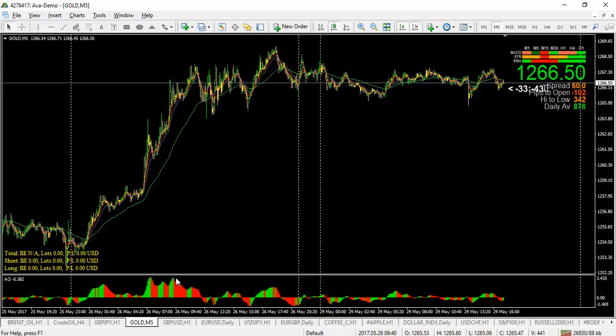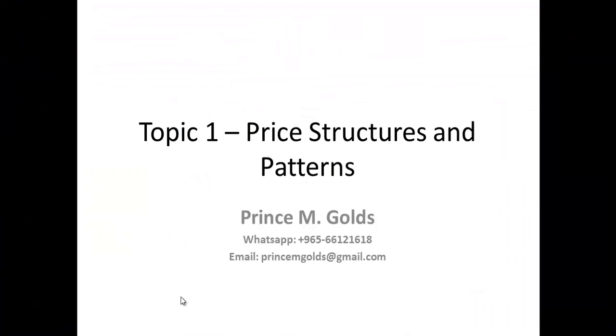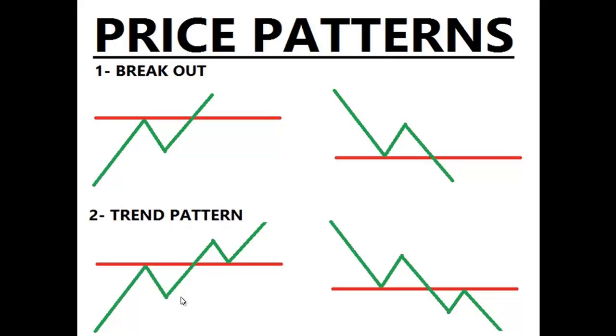Now let's go to the price patterns. We've got 3 price patterns. The first one is called the breakout pattern. If you want to take a buy trade, if you want to go long, the market pushes up towards the resistance, then it pulls back.